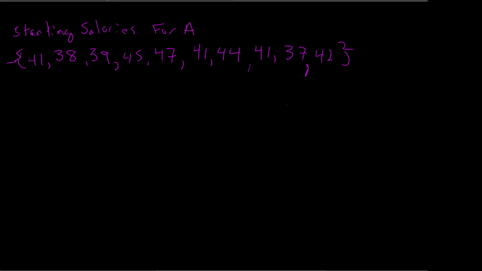And so if I want to find the min or max, I should put these in order. And so the smallest number I think is 37, then 38, 39, cross them out as I do them.